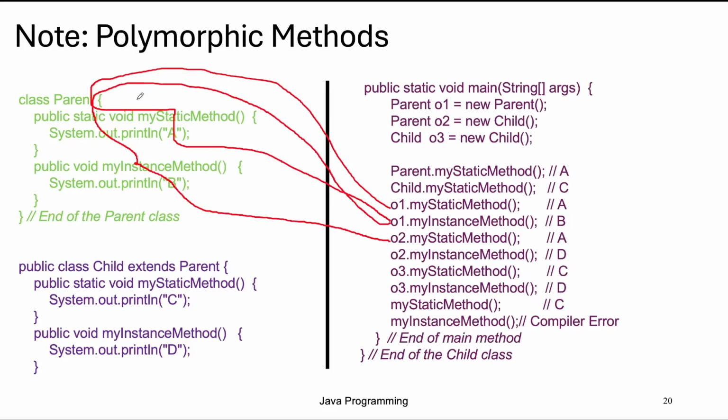Please remember that object 2 is a mixed type. So what happens here is when I say object 2 dot static method, see we have two methods here and here.